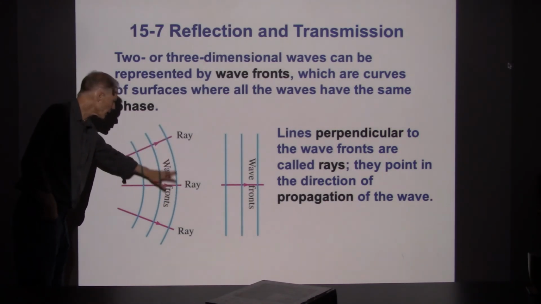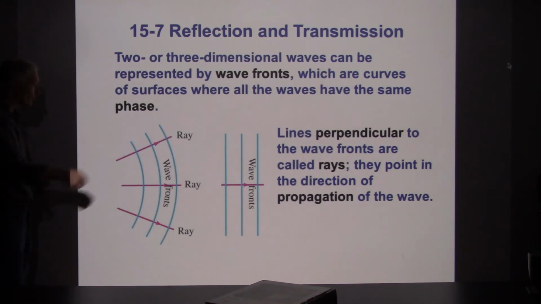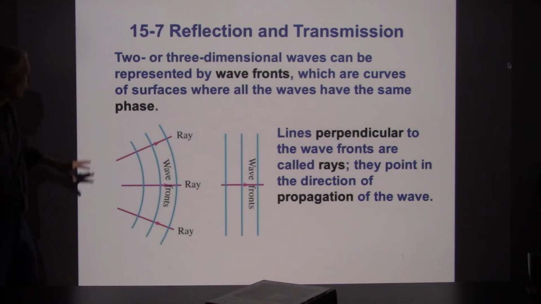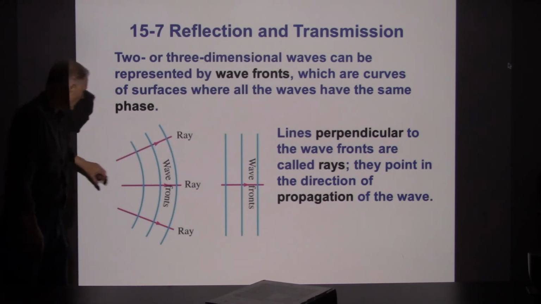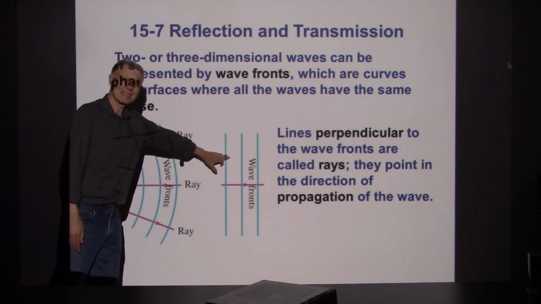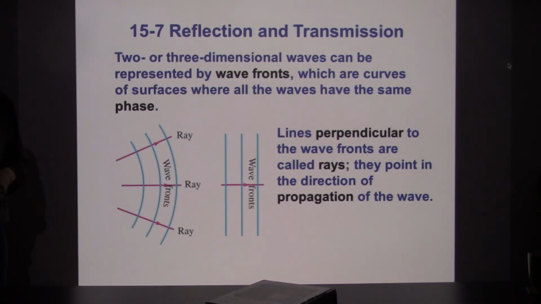Now, these are curved wavefronts, very likely coming from a source back over here somewhere. And so this is more the shape of a spherical pattern. Now, once you get far, far away from the center of the source, the wavefronts start to look kind of like this, right? Think in terms of sound propagating away from a speaker.